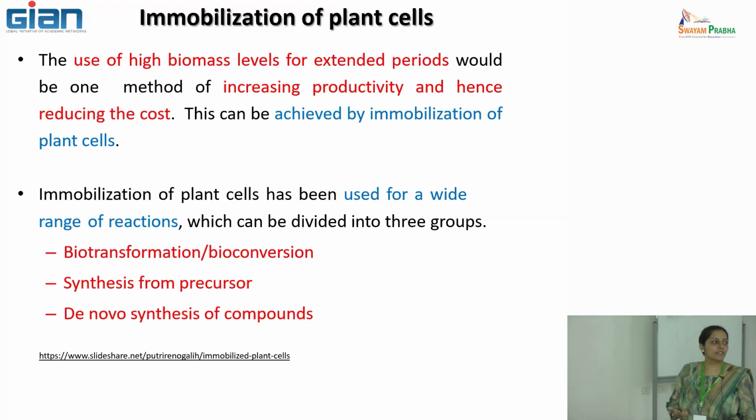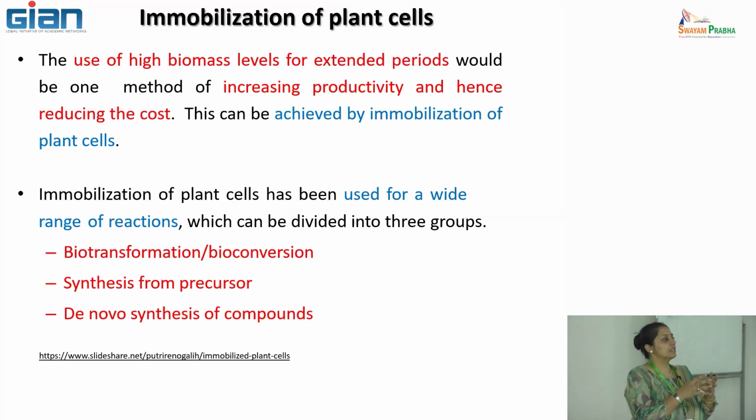Now, immobilization of plant cells can be used for various purposes, especially it can be used for biotransformation. Majorly, you will see in literature that people are using organ cultures, which are called hairy root cultures. They immobilize the hairy root cultures and they use them for these biotransformation reactions. Biotransformation means the conversion of a particular substrate to your desired product by using plant cells or organ cultures as a repository of enzymes.